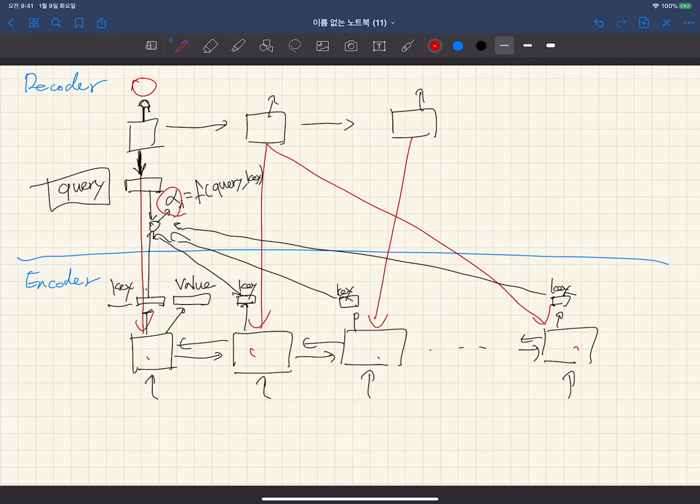And using this alpha i, you basically make a kind of fully connected operation to every value vector here, and combine the information.